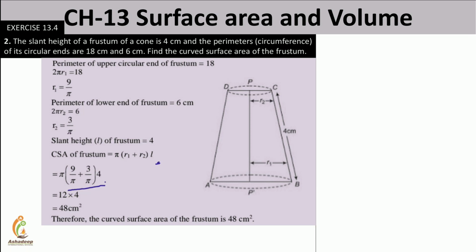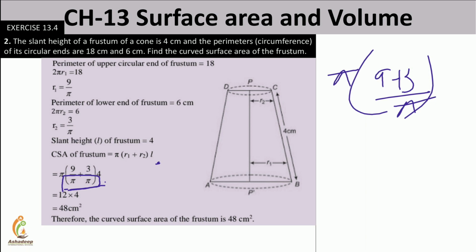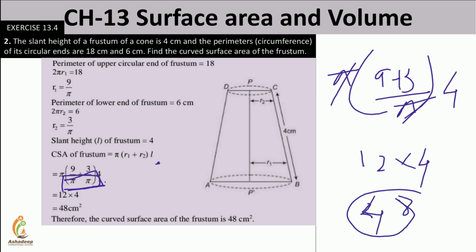Now pi and pi take out common, so pi in bracket 9 plus 3, or you can write it in this way also, right? Because the denominators are the same, we don't need to take the LCM, into 4. So pi and pi cut. 9 plus 3 is 12. And 12 fours are 48. Okay, so this is our answer.